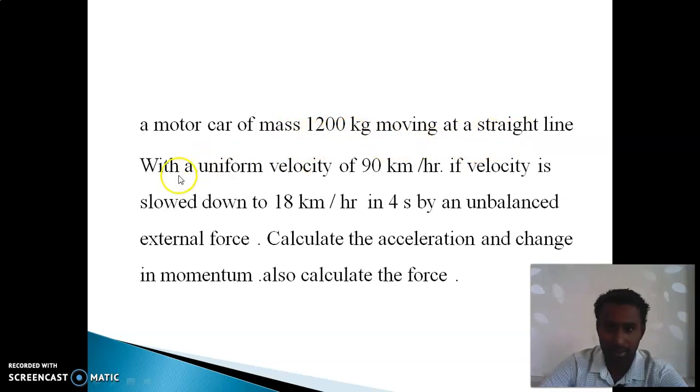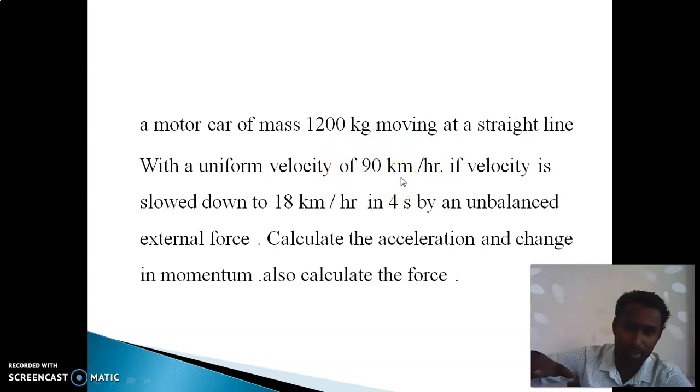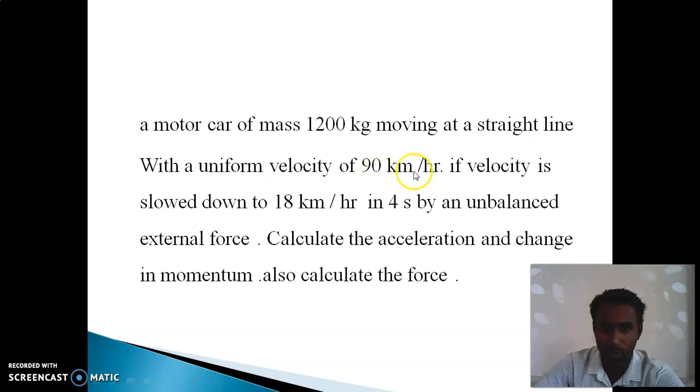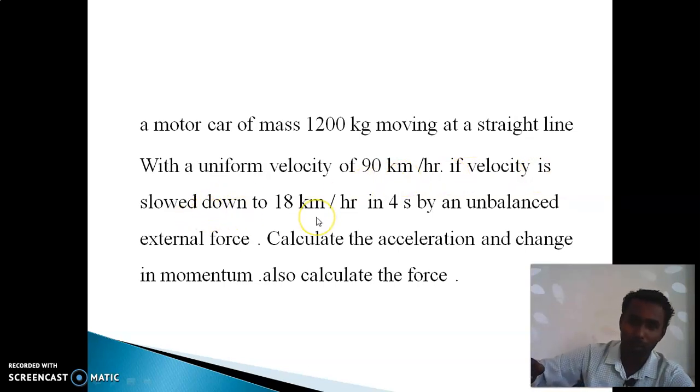Moving in a straight line with a uniform velocity means it has an initial speed. It is going with a certain speed. That means we have to consider that point as the initial speed, 90 km per hour. So we have to convert to meter per second. Remember that. If velocity is slowed down, that means once the brakes are applied, what will happen to your speed?